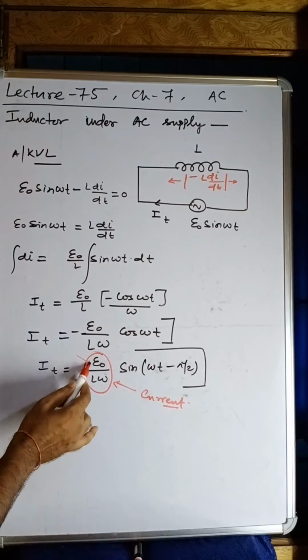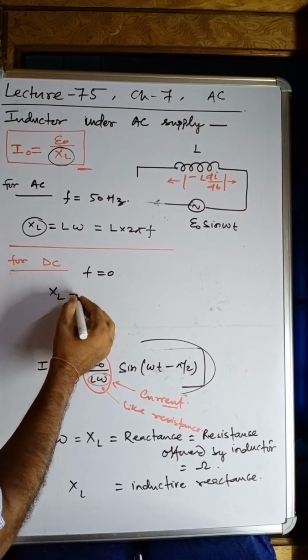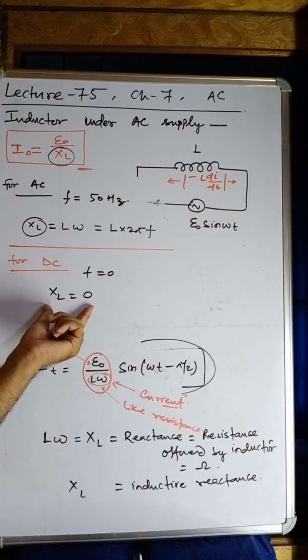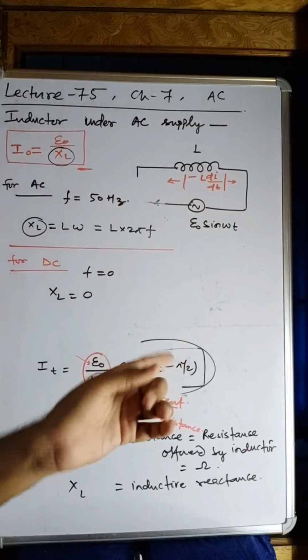For DC supply, what will happen? We know that the frequency of a DC source is 0. It means XL will be how much? 0. And XL being 0 means no resistance is offered by the inductor for DC current.